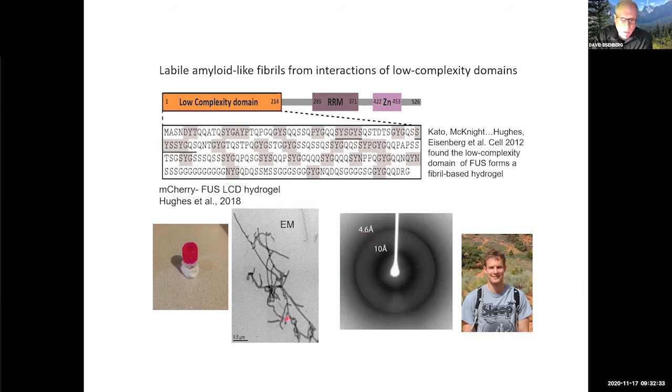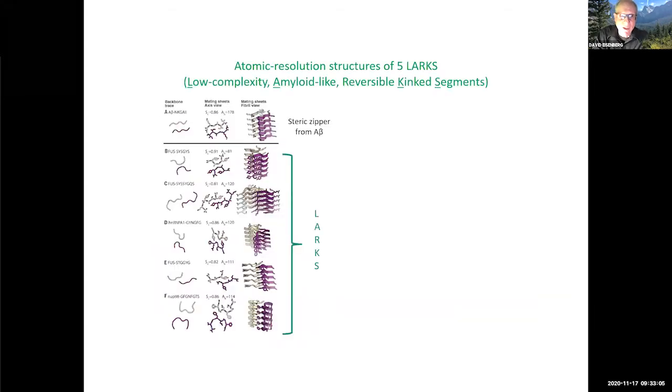But they seem to be amyloid-like, yet it was reversible, and all the amyloid fibers we've worked with before were highly irreversible. So Michael Hughes, a very energetic young man, looked at the sequence and found that there were repeats like this: SYS, GYS, and here we go, SY, SSYG. He found several of these and put them into crystal screens, and sure enough, they crystallized, and he determined the structures. And I'm going to show you these structures.